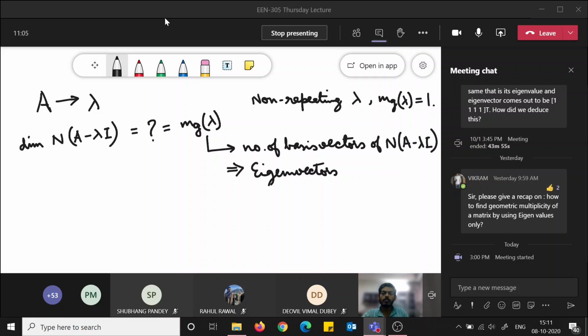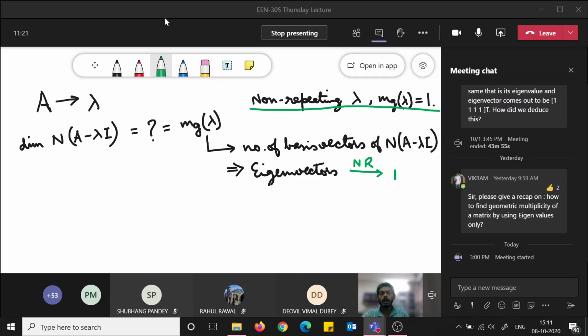In case we have a non-repeating lambda, then there will be only one eigenvector.